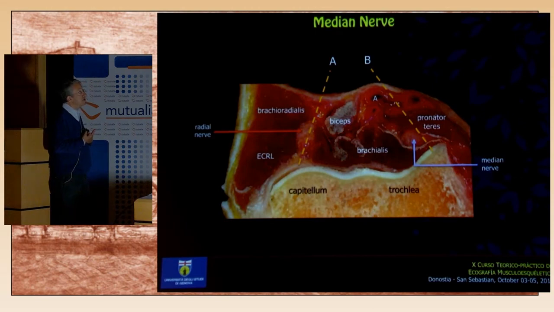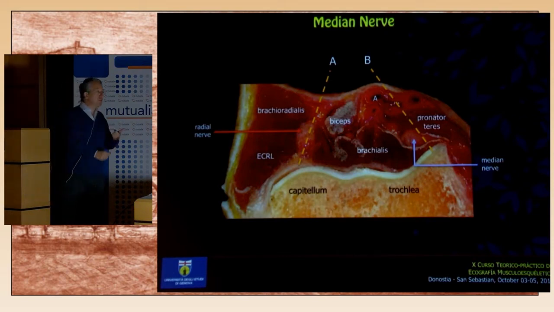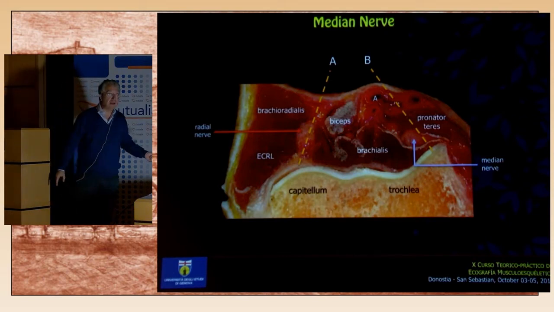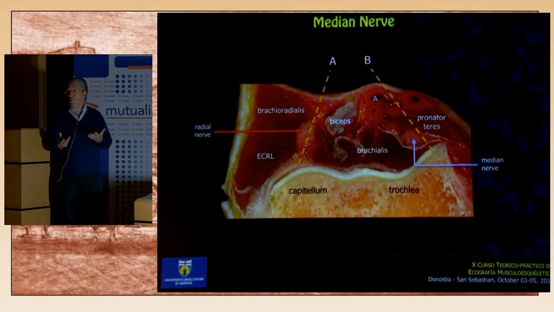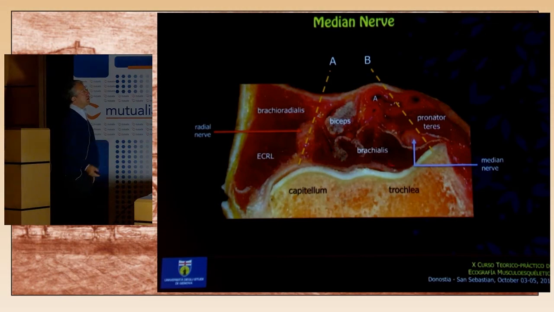To be honest, I have a list of incredible traumatic injuries, a list of immune neuropathies, a list of any kind of pathology, but I don't have any convincing case in which I see the median nerve compressed in this area.